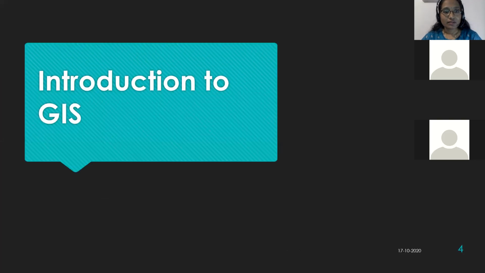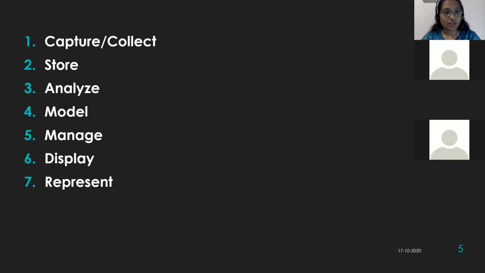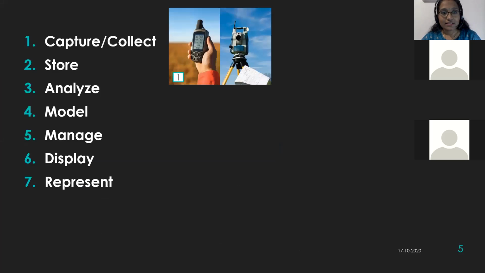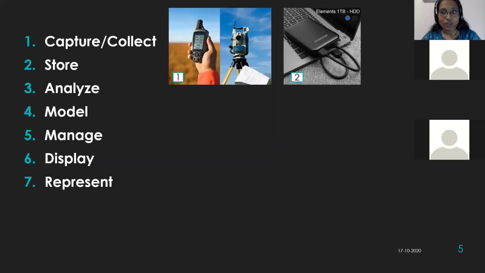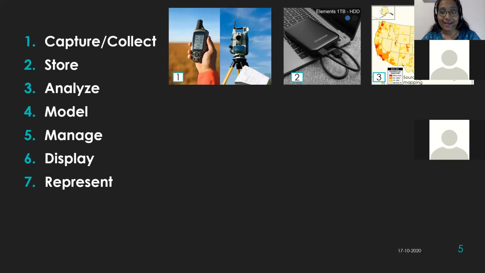Moving on to the next slide, the introduction to GIS. GIS stands for Geographic Information System, which is used to capture or collect data using GPS, store the data in a computer or laptop hard disk, and after storing, analyze the data.